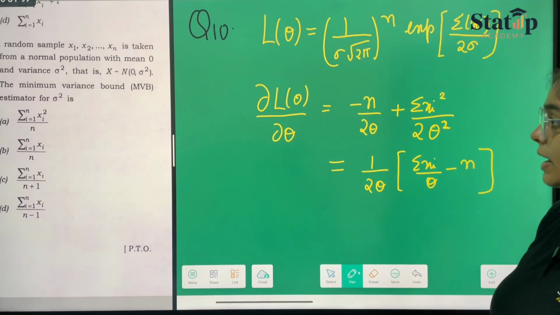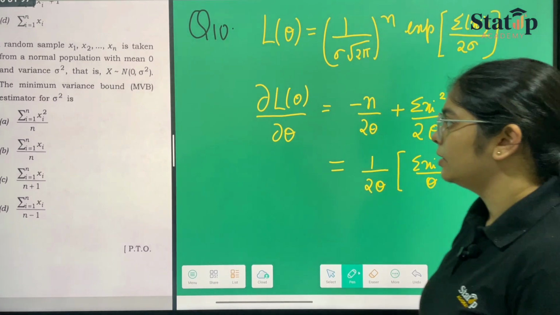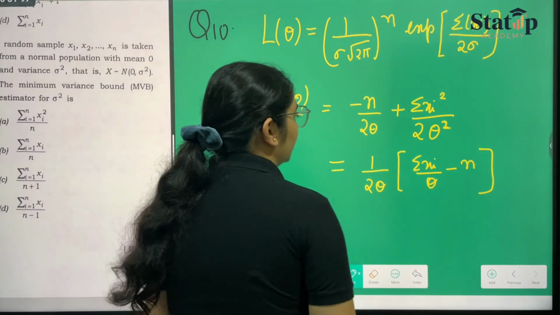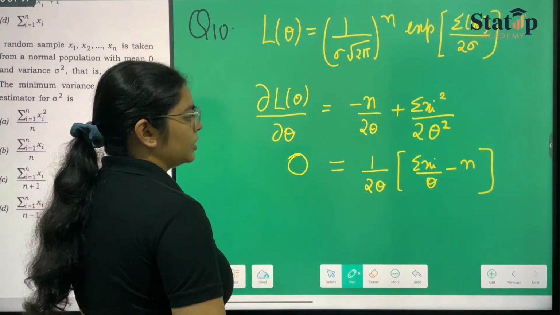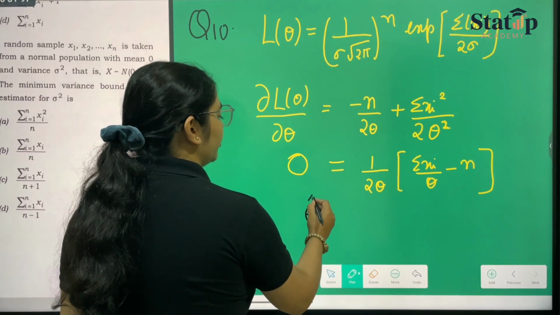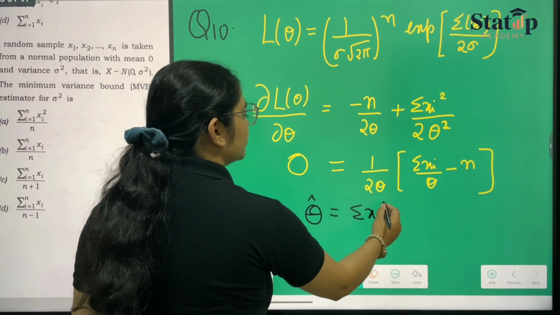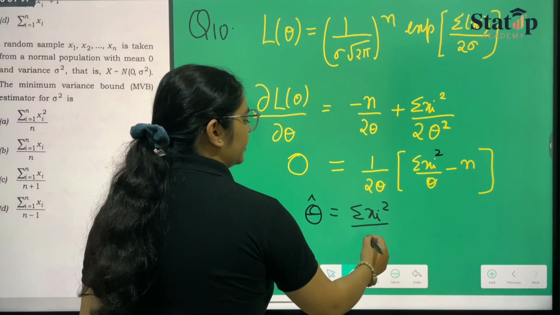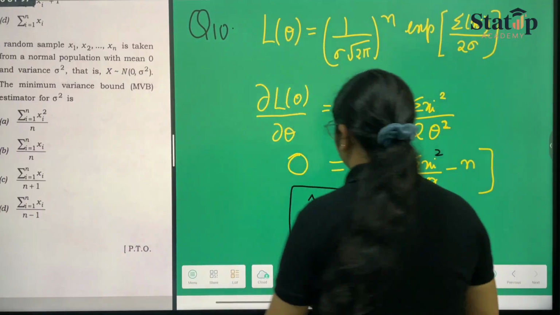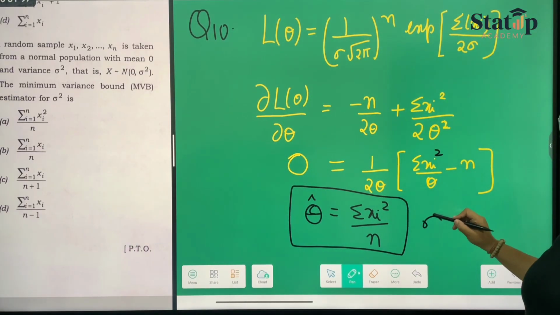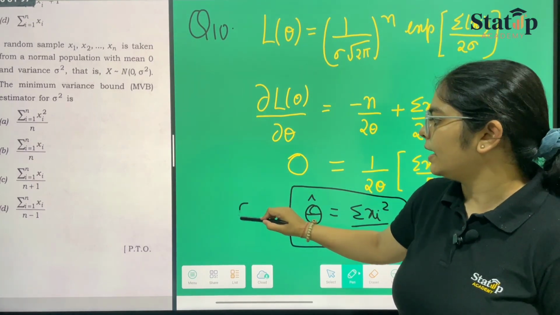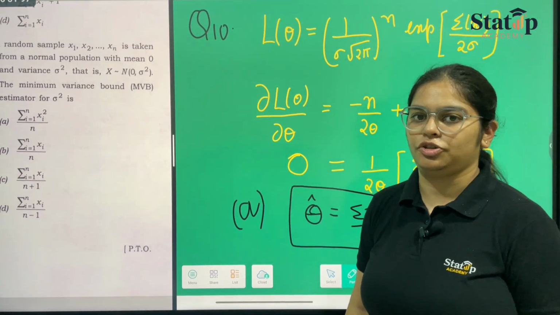So from here we can see that summation xi upon theta minus n should be equal to 0. Now if this is equal to 0, then theta cap you will find as summation over xi square upon n as the MVB, which is the minimum variance bound estimator for sigma square. So this was the final answer, and hence our option A is the correct option for this question.